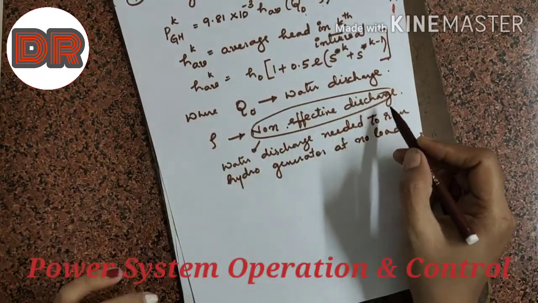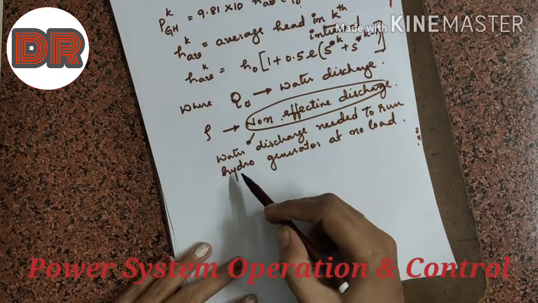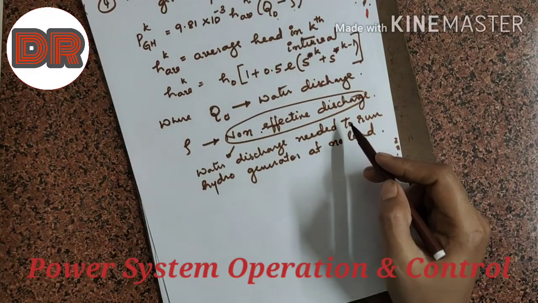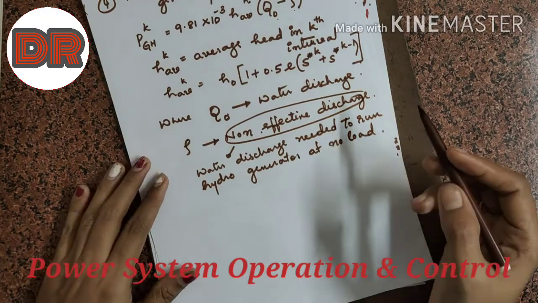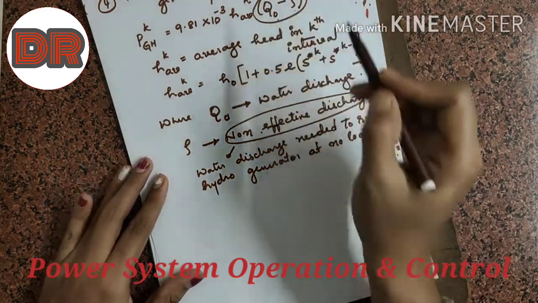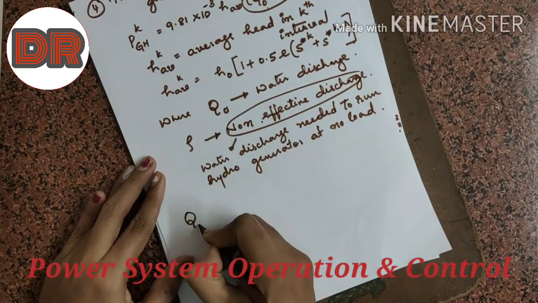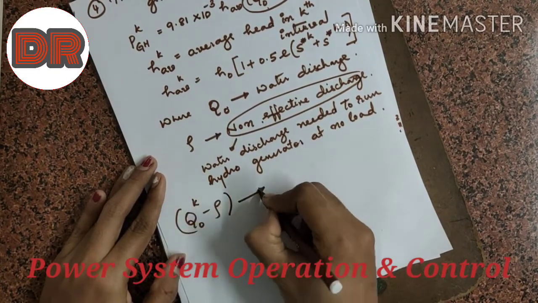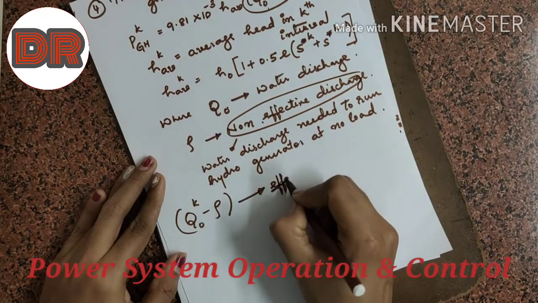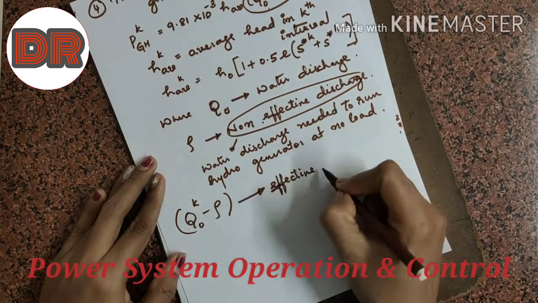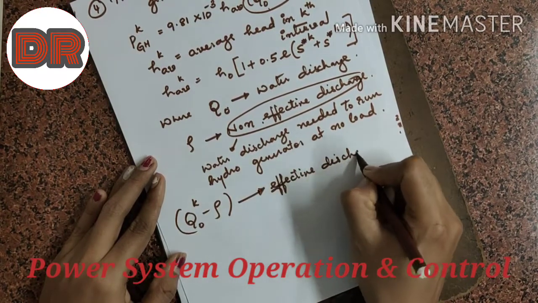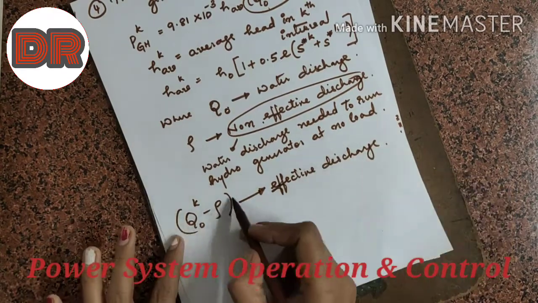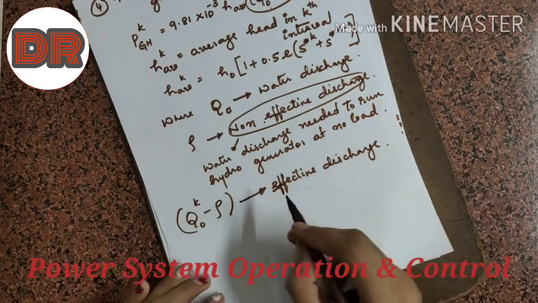So what is non-effective discharge? Non-effective discharge is the water discharge needed to run the hydro generator at no load, remember. So what does this term give us? From the equation, Q naught K minus rho gives us the effective discharge. Rho is needed when it is at no load, but under load condition, this term gives us the effective discharge.